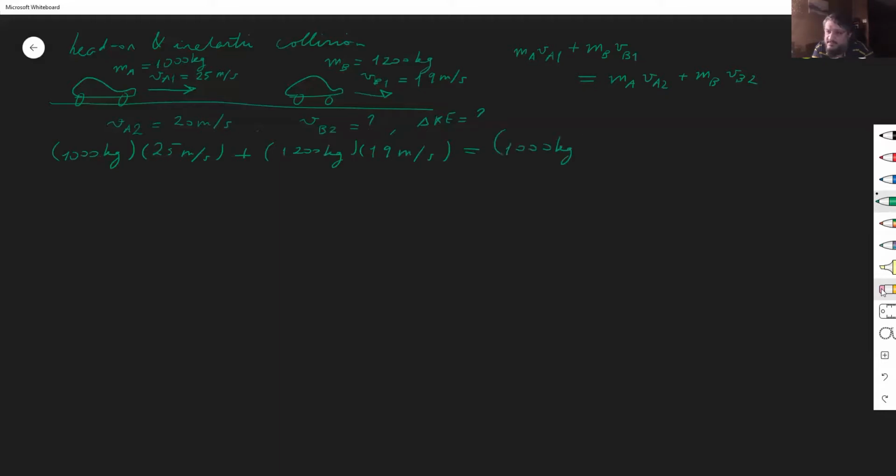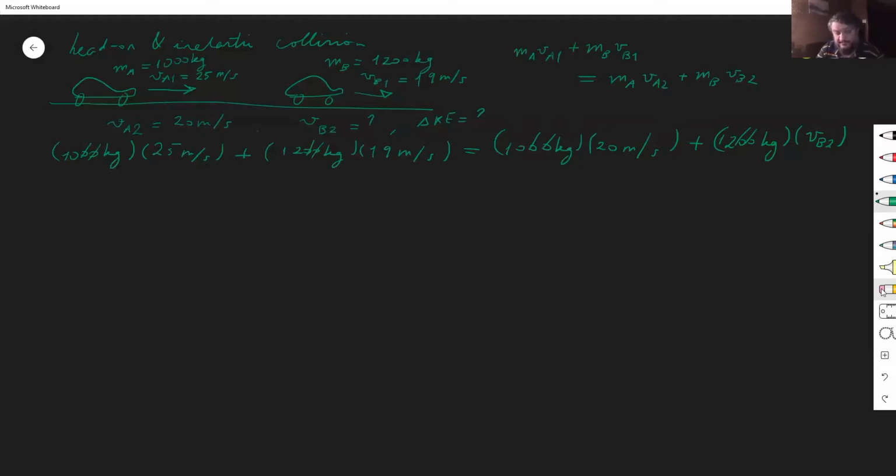1,000 kilograms times, now the new velocity is 20 meters per second, plus 1,200 kilograms times this unknown, VB2. Okay, let's get rid of 2 zeros, divide by 100. So I'll have 250 here, plus 12 times 19, minus 200, divided by 12.